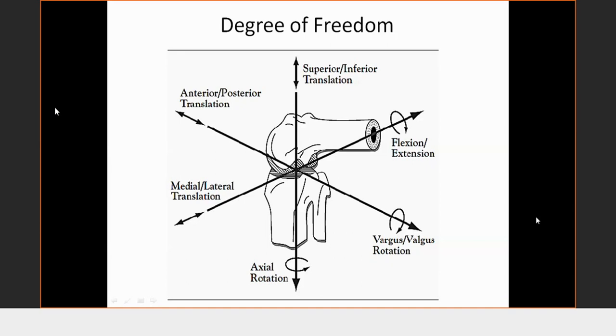Then there will be two positions. In one, the whole articulating surface of the humerus and the whole articulating surface of the scapula are being utilized, suppose 80% of it or 100% of it. Either the articulating surfaces are completely utilized or not utilized. Depending on that, the joint will be called either the closed pack or the loose pack position.